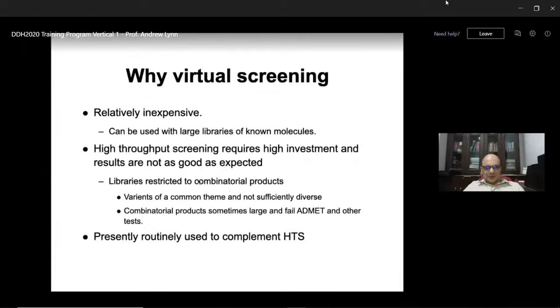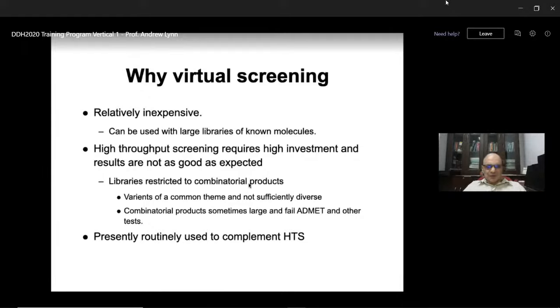So one of the problems is that most of the high throughput screening in the past were based on libraries which were restricted to combinatorial products, and this sometimes didn't work that well. Now there's a lot more that's happened in the last 5 years. For instance, we are using ligands that are sourced from fragments.